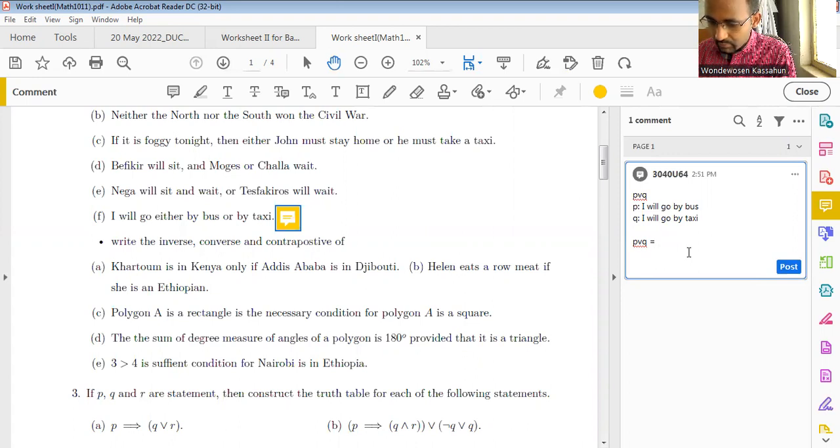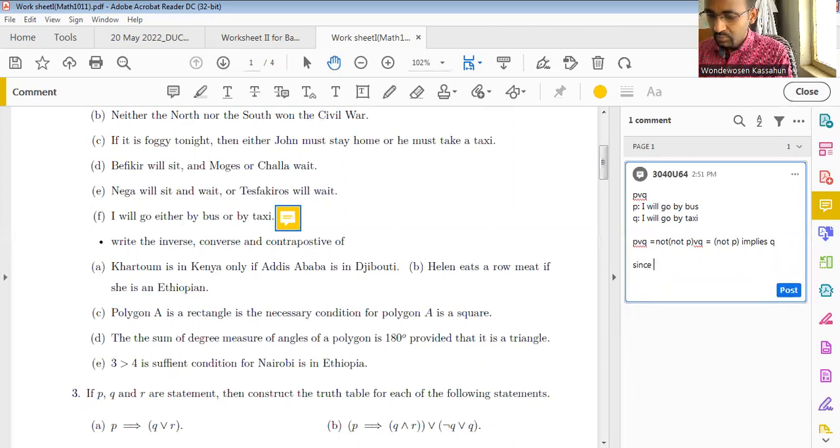not of P or Q, which is again equal to negation not P implies Q. Why is that?